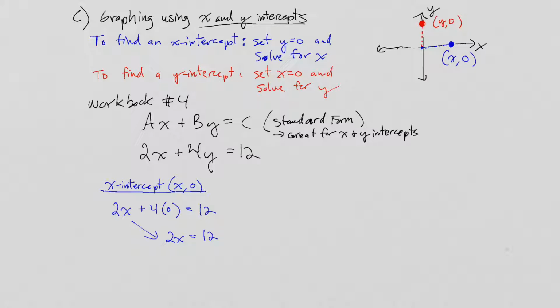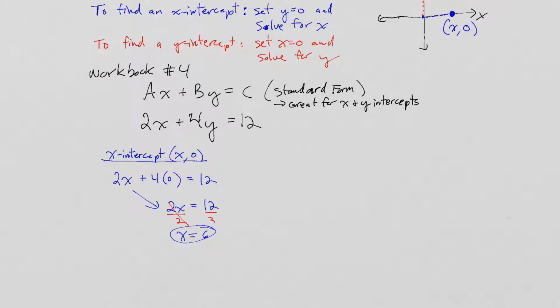And really you're just solving 2x equals 12. That's it. So you're going to divide both sides by 2 and get x equals 6. Okay, so now we know what the x is. It's 6 when y is 0. That's 1 point.